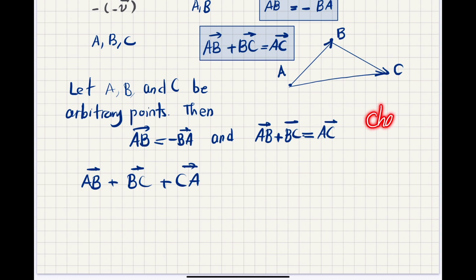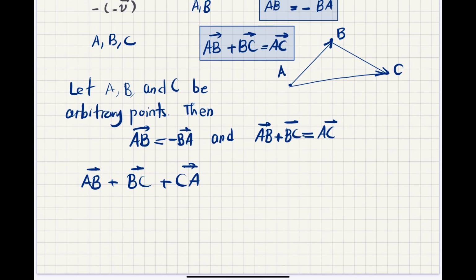I think the French name is something like this. I don't remember, but it is pronounced Chasles. The Chasles rule tells you that if you want to add 2 vectors and you are lucky that these 2 names are the same, you can drop them and attach the first one to the last one. So remember this rule like this.